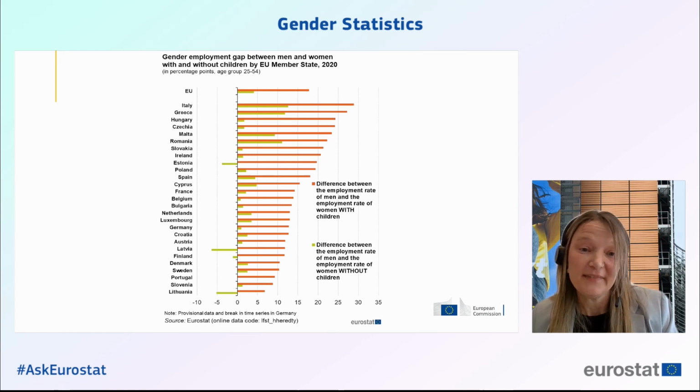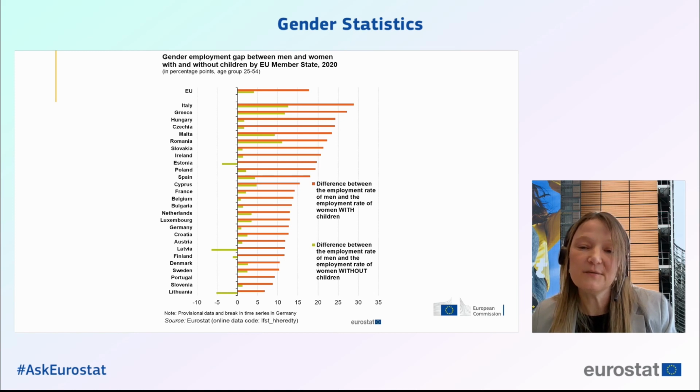Another really interesting finding is that some countries show a very large difference in the gender employment gap according to the presence or absence of children. For example, Hungary, Czechia, Slovakia, and Ireland have one of the widest employment gaps between men and women with children, but one of the narrowest gaps among men and women without children.